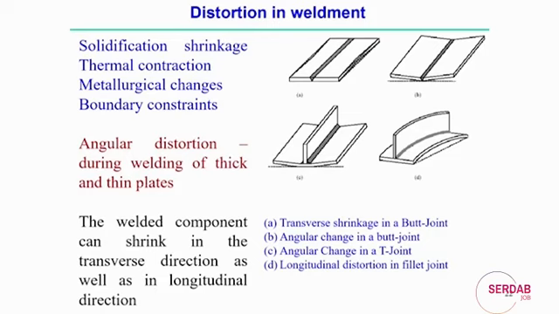Simply assuming that along the longitudinal direction the plate is very straight and there is only angular distortion, we can measure it. Or an angular change in a T joint may also happen in the welded structure, and in the longitudinal direction in a fillet joint it may bend or buckle, corresponding to a kind of convex structure.